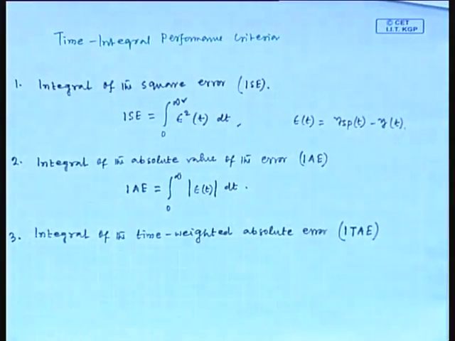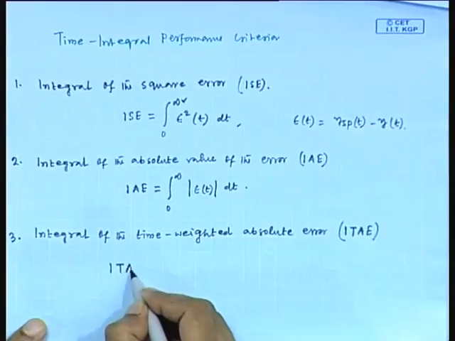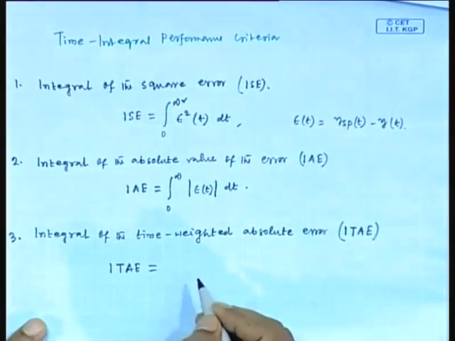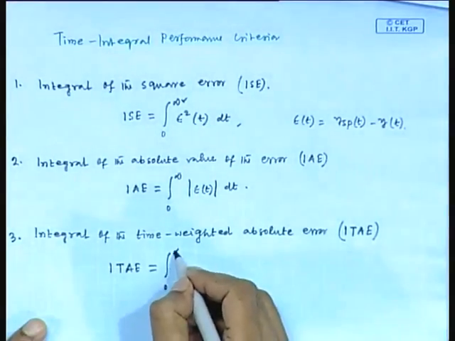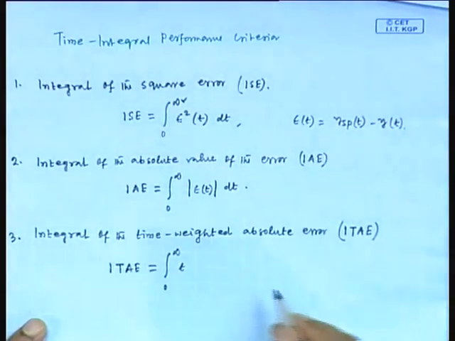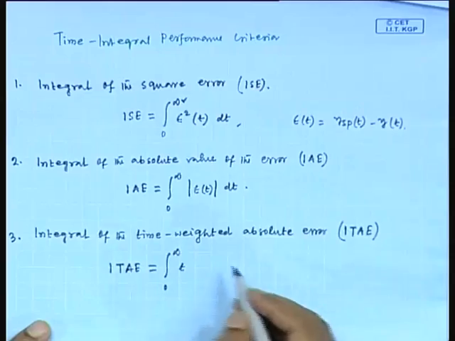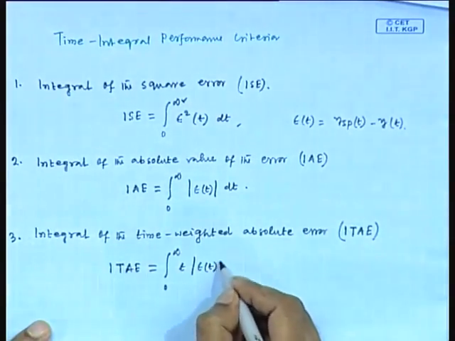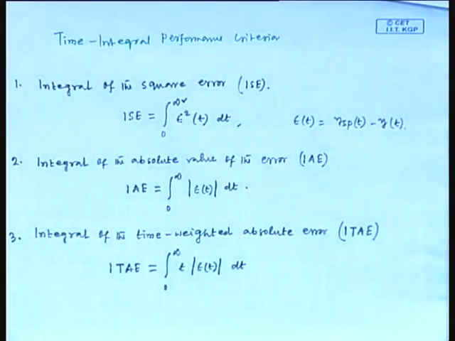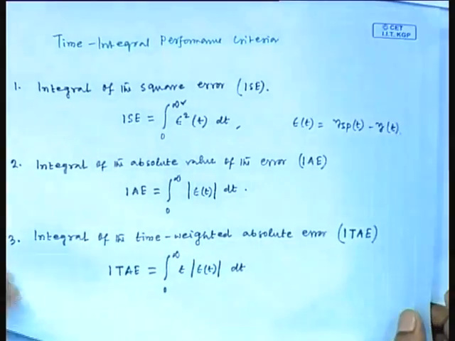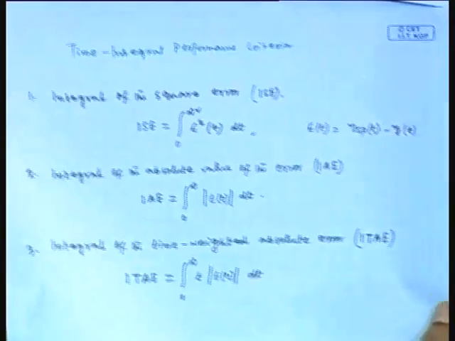ITAE is written as the integral from 0 to infinity of t times the absolute value of epsilon t dt. These are the three time integral performance criteria which are used in selecting the control parameter values.